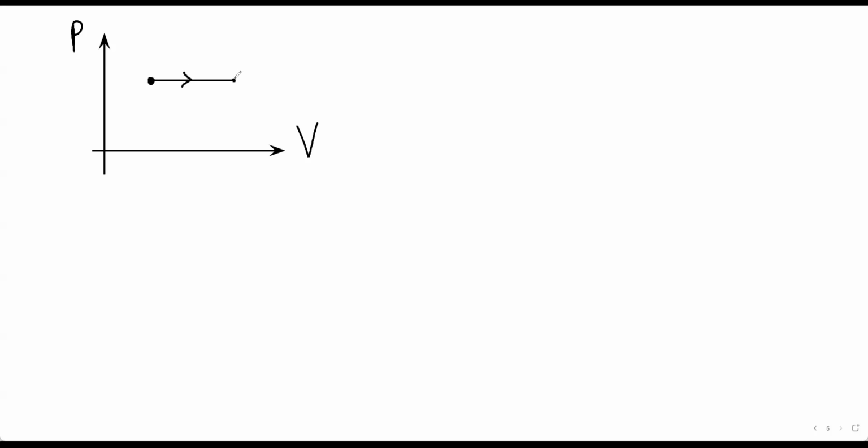This diagram shows how the pressure changes with volume, and then you think about the formula of the work done.